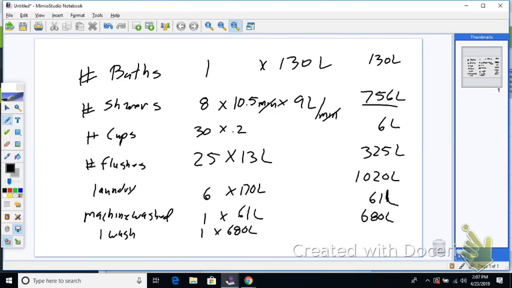Again, this is pretty minimal, but our average running time in the bathroom in the morning was probably a total of 10 minutes. We don't run it very often because I shave, I run it, do it, and when I brush my teeth, I don't have it on the whole time. So I'm going to go 10 minutes, water efficient, 90 liters.